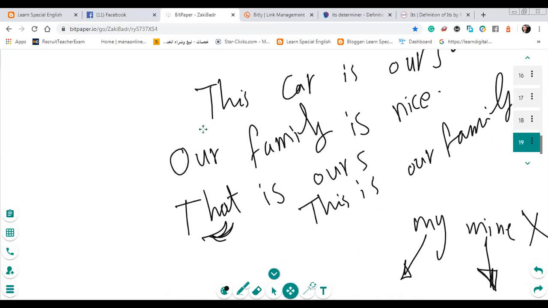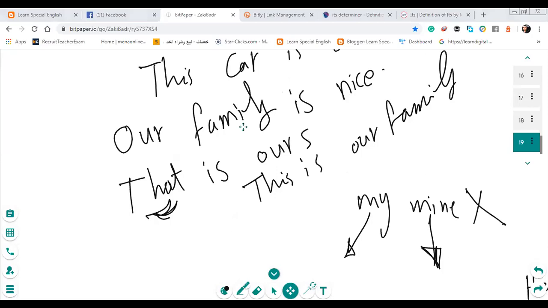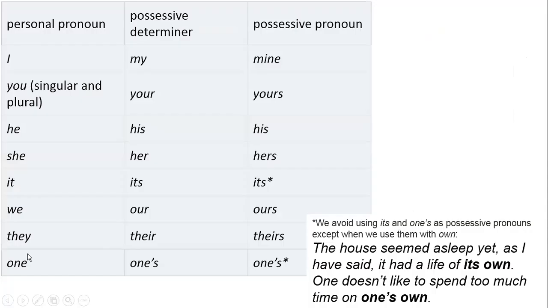All right. Get back again to the PowerPoint. They, their, theirs, the same idea. This is subject. They are good people. This is determiner. Their car is red. Theirs is red. Theirs is red means their car is red.